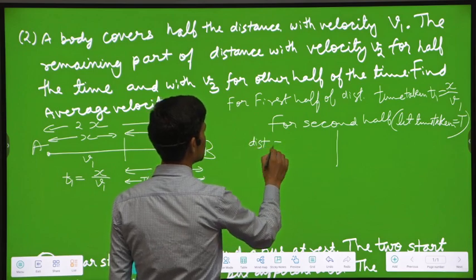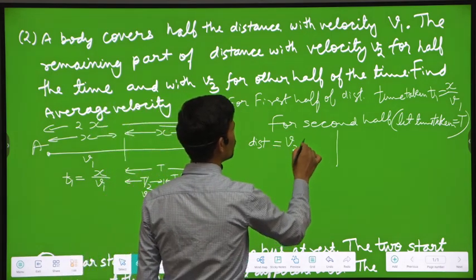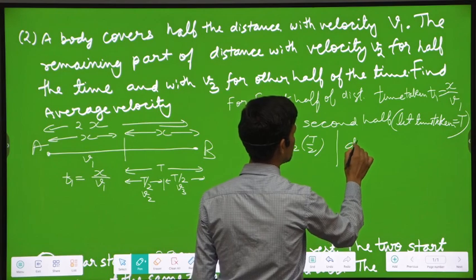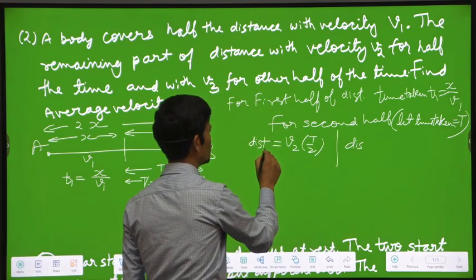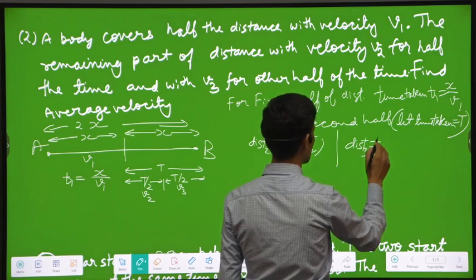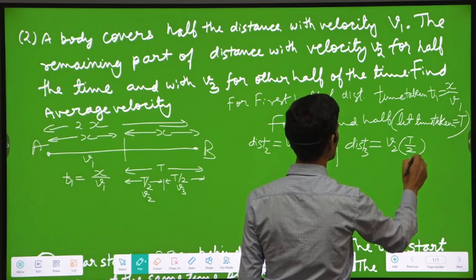So here the distance traveled will be v2 T by 2, and for the other distance, I mark it distance 2 and this as distance 3, it is v3 T by 2.